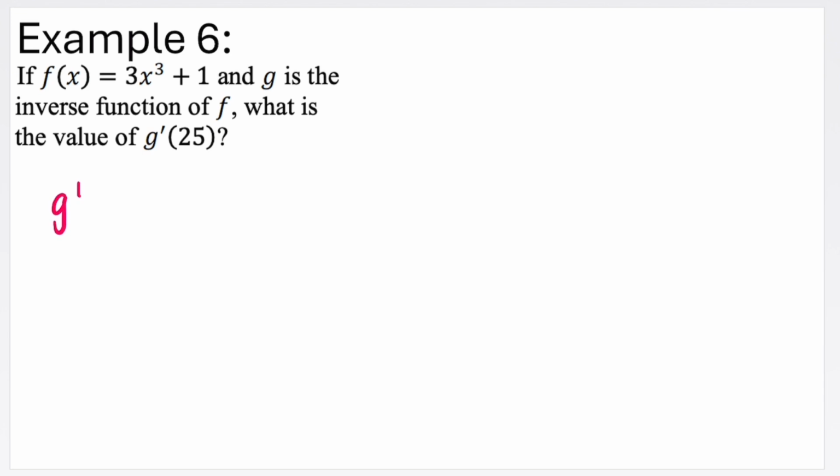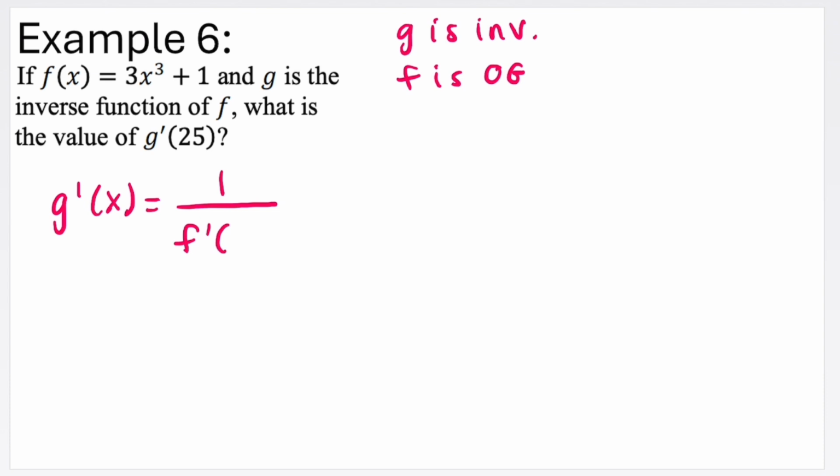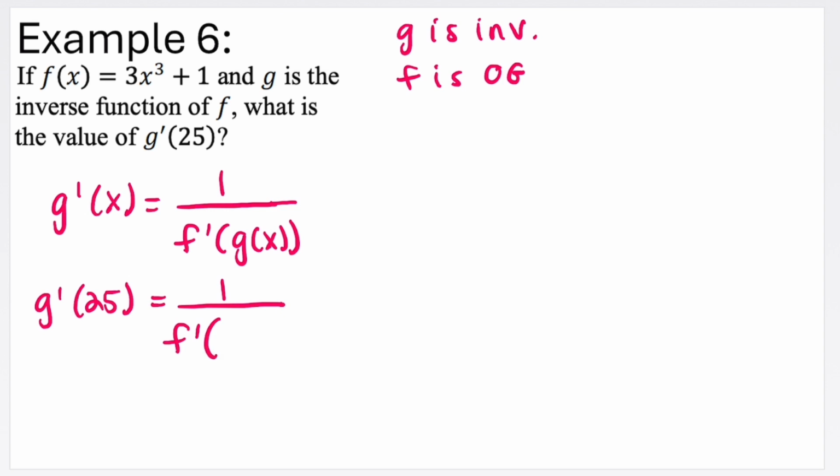So g prime of x, this is the inverse function. So g is the inverse, f is the original, or the OG. So it's going to be 1 over f prime of g of x. And we're trying to find g prime of 25, so that's going to be 1 over f prime of g of 25.